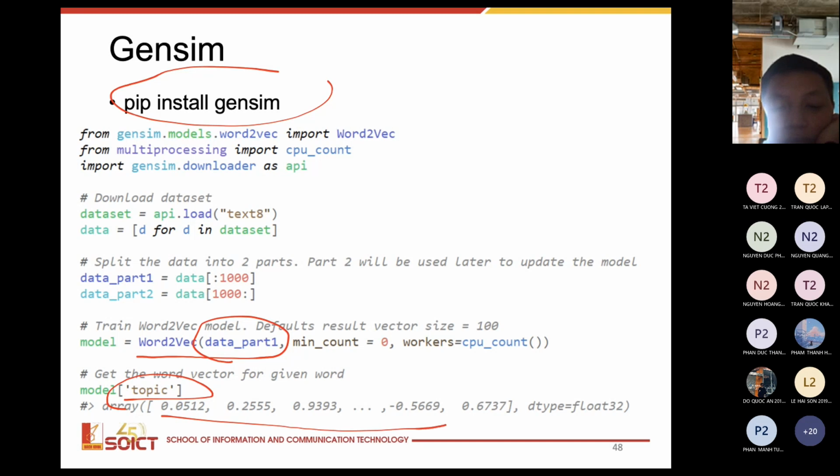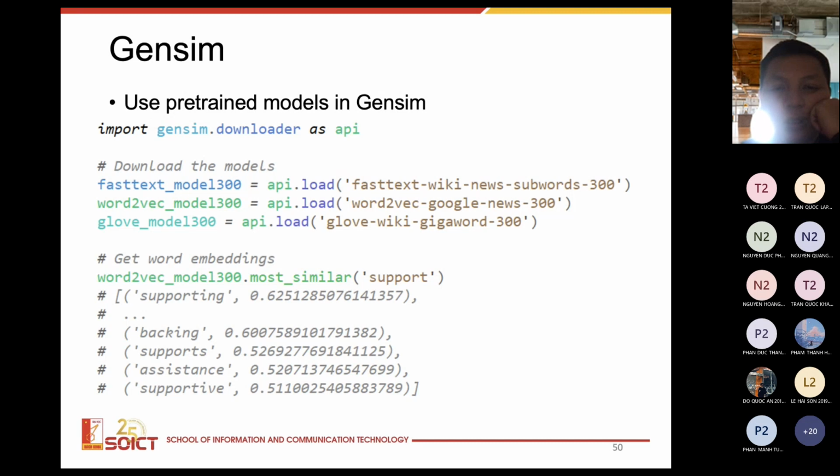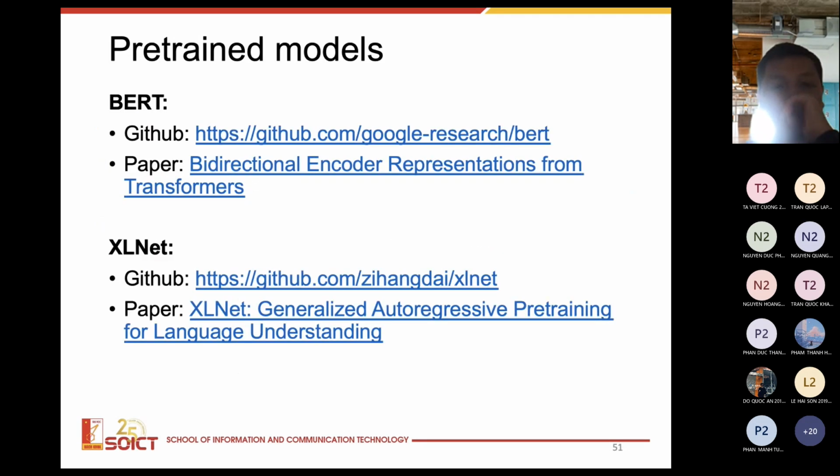This is the word vector for the word topic. You can use the model to calculate similarity or get the top similar words for a specific word, and you can save a new model. You can load pre-trained models in Gensim, fastText, word2vec, GloVe, whatever, easily found on the internet. Other pre-trained models are more powerful, such as BERT and XLNet, but they are bigger and mostly require a GPU.